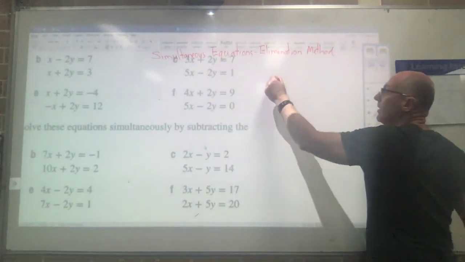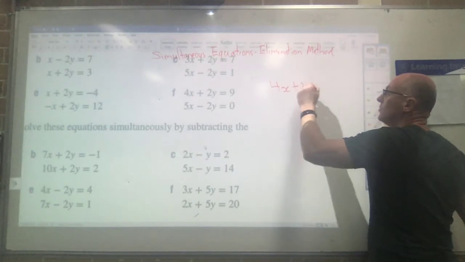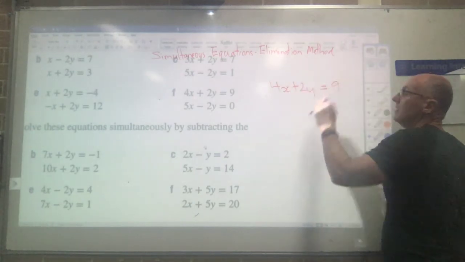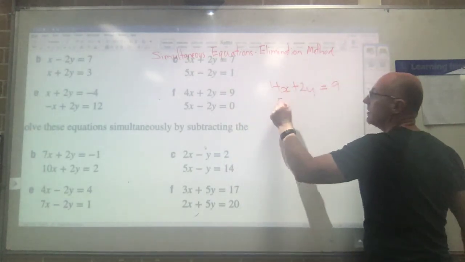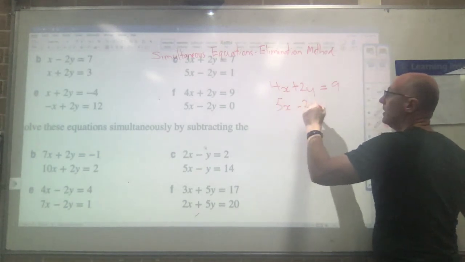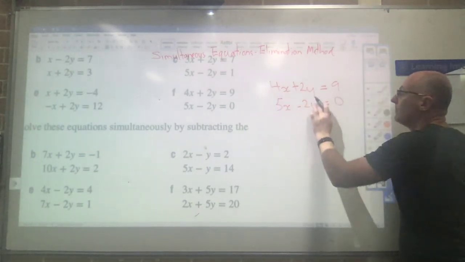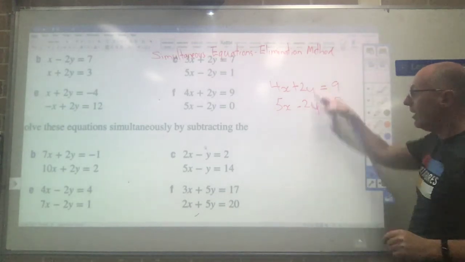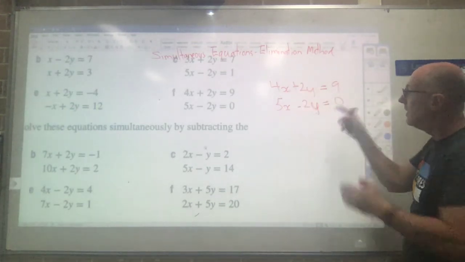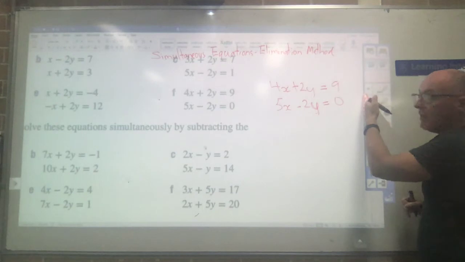Okay, 4x plus 2y equals 9. The second one is 5x minus 2y equals 0. Once again, you can see that the y's match up, but the x's don't. You've got to decide whether to go through a plus or a minus sign.